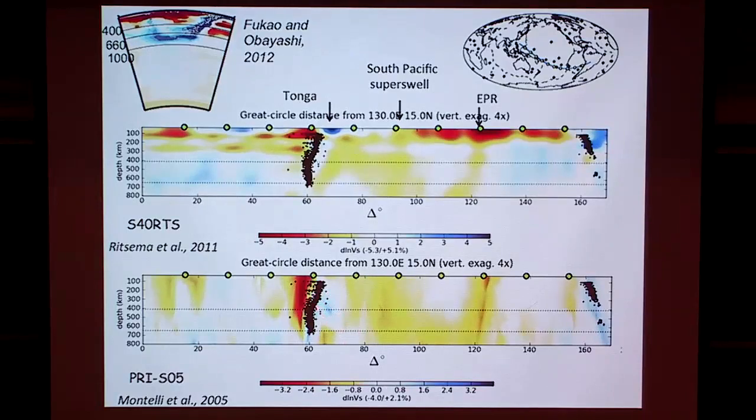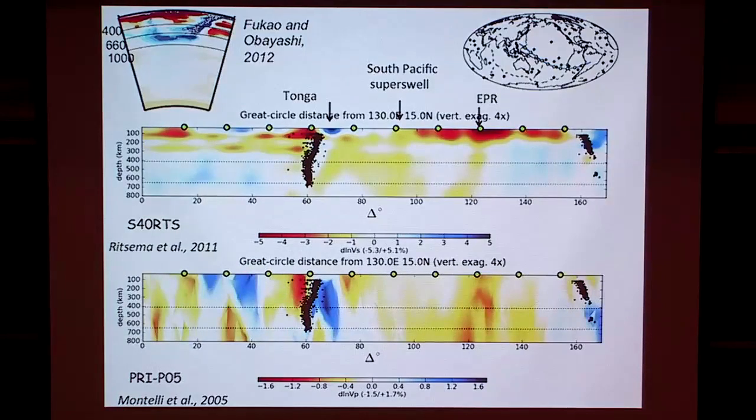So this isn't a real feature. These are ray features, coming to stations here from some distant events. The P-wave model shows it even more, right? I'm not being completely fair here, because there's also a parametrization issue in this model. They have some tetrahedral blocks which emphasize this even more. But you do have these problems.